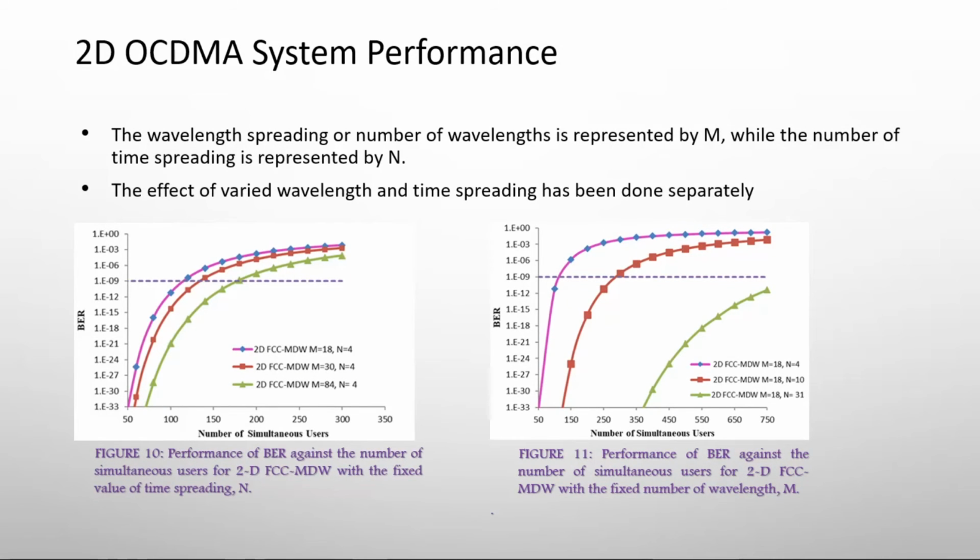When the number of time spreading increases, it can support many more simultaneous users, such as 350 simultaneous users, while the number of wavelength spreading supports a lower number of simultaneous users than the increase of time spreading.